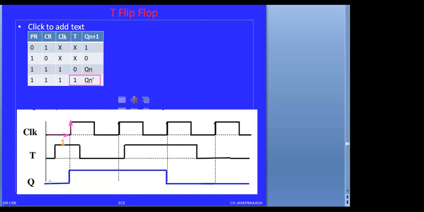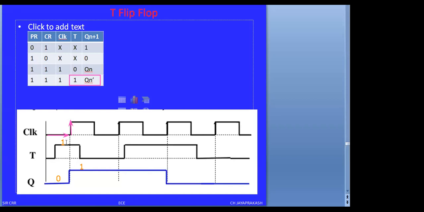What is the previous value? The previous value of the output Q is 0. This value is complemented, so the output equals 1. After seeing the positive edge of the clock, it will check the data across T.